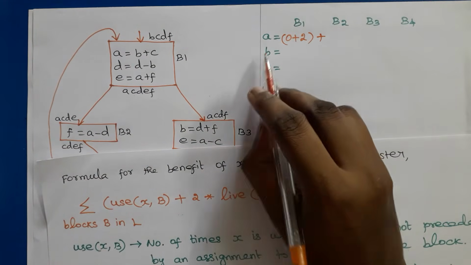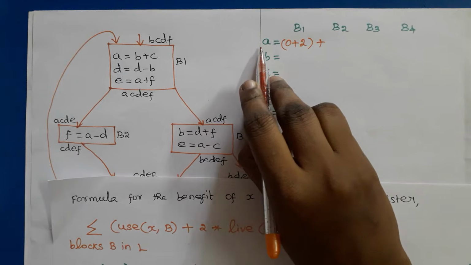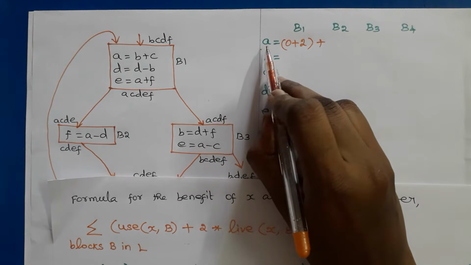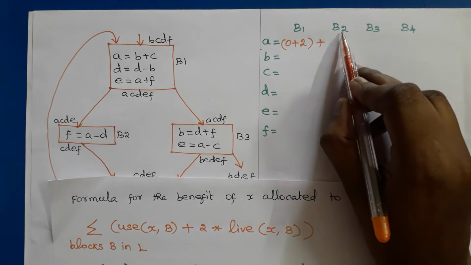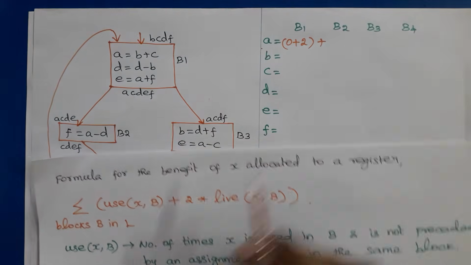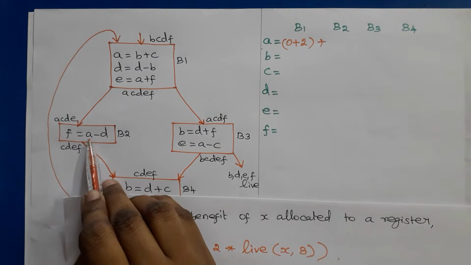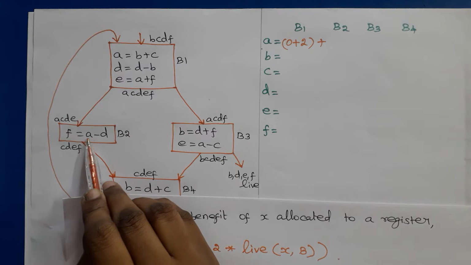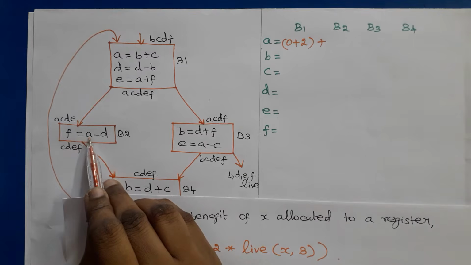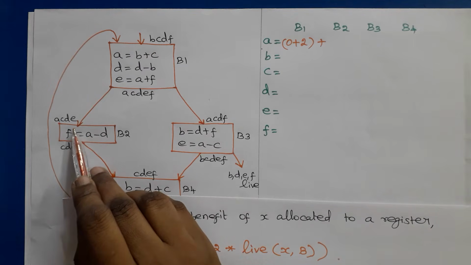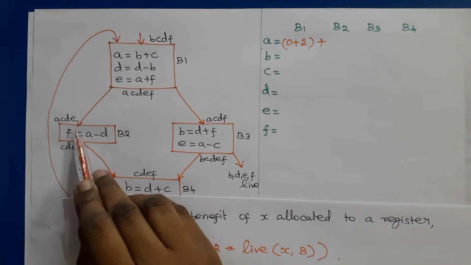Plus, similarly we need to find the usage count for B2. That is, this formula should be calculated for B2. So we have to check use of a in B2. Use of a in B2 means how many times a is used in block B2. One time it is used and it is not preceded by any assignment.